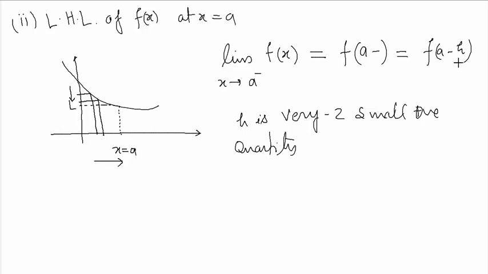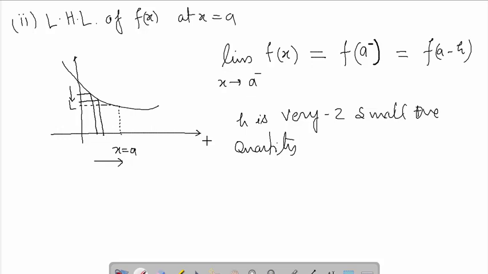You can say that if h becomes negative, then the same thing will behave like a right hand limit at x equal to a. This minus is in the power and not at this place. So the first one was the right hand limit, and the second one is the left hand limit.